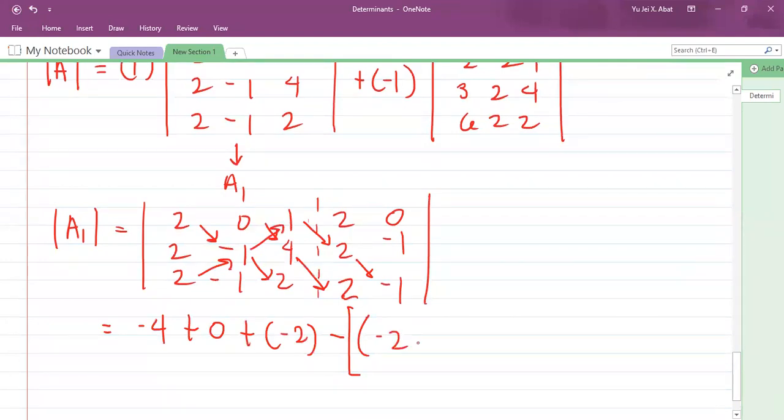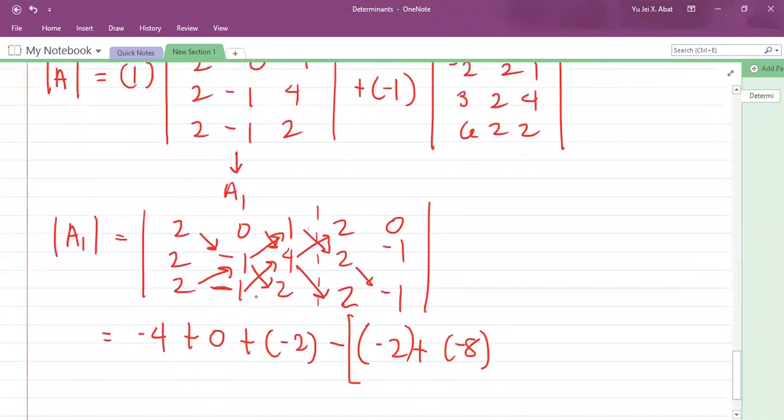So negative 2 to. Plus, okay, plus, we have negative 1 times 4. Ito yon, negative 1 times 4. It's negative 4 times 2. So negative 8. Okay, and then we have 1, 4, 2. 2 times 2 times 0 would be plus 0.